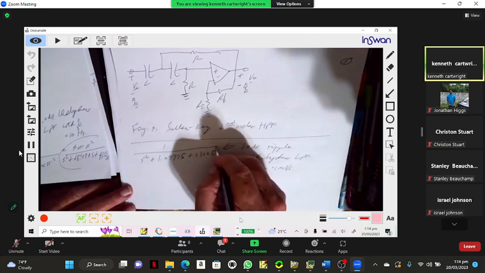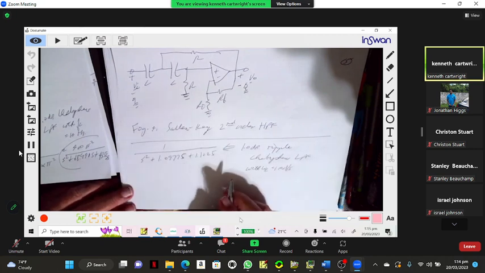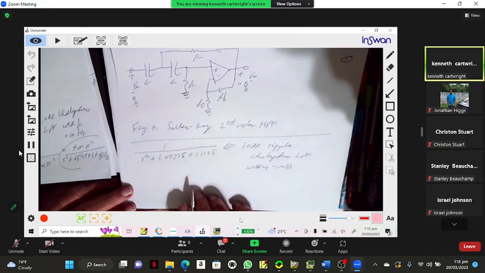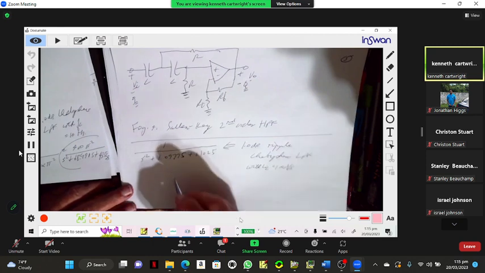How do we change the transfer function of the low pass to the corresponding high pass? Where we see S, we put 1 over S.